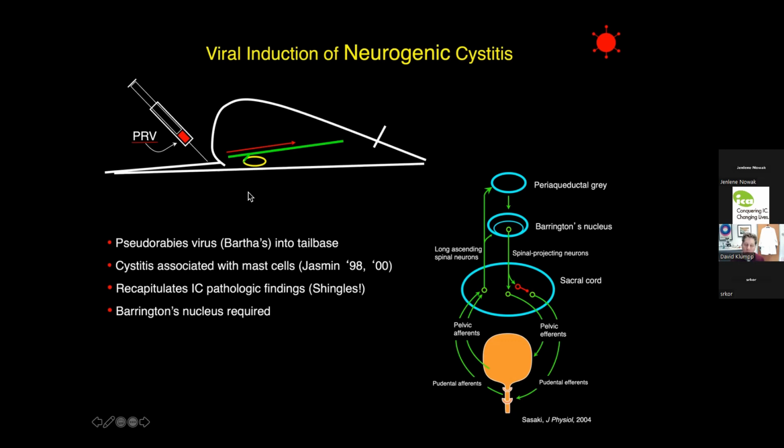And it turned out why we thought this was a very interesting model as opposed to others that might be employed in the field was that these effects on bladder inflammation that occurred as a result of this virus infection required intact upper urinary control circuits, such as the Barrington's nucleus. So we thought this was a good model.